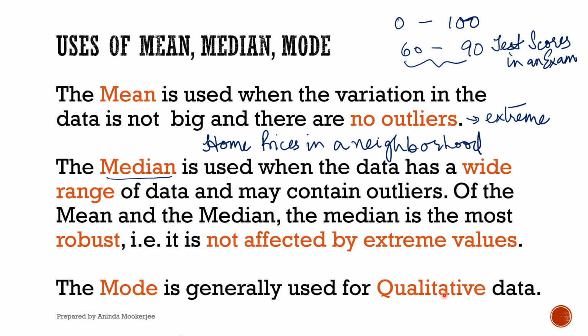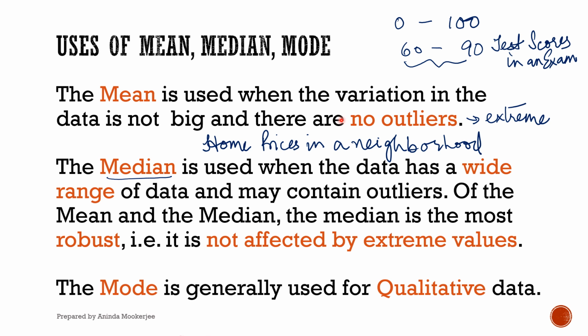Know that for qualitative data, the only measure of central tendency that is applicable is the mode, because qualitative data comes to us in the form of names, and we cannot find the mean or the median of a bunch of names. It doesn't make sense.